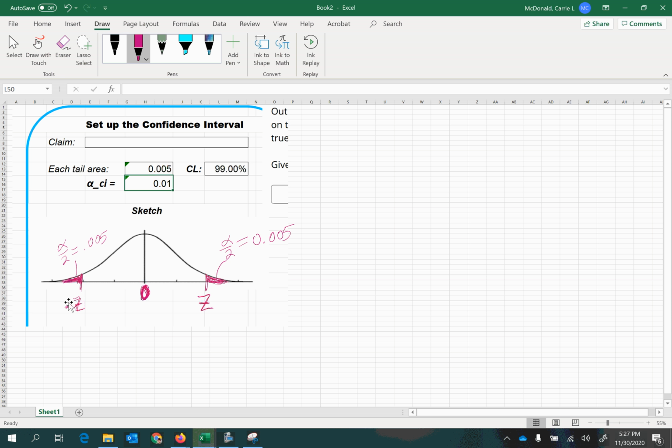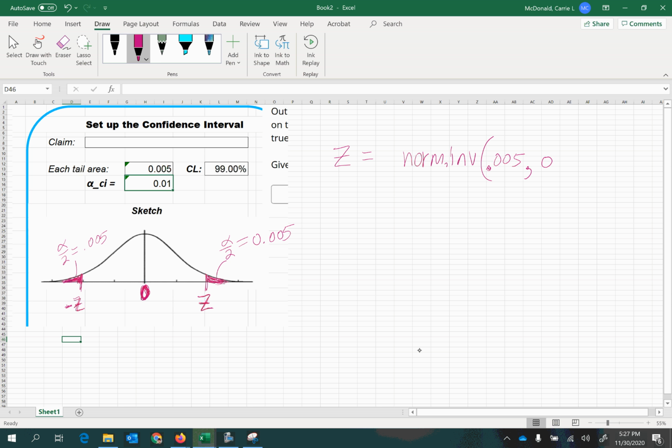So what we're going to do is find our z-score with norm.inverse. So z is going to be norm.inverse, and you always feed it a left tail area. So on the left here we have an area of 0.005.